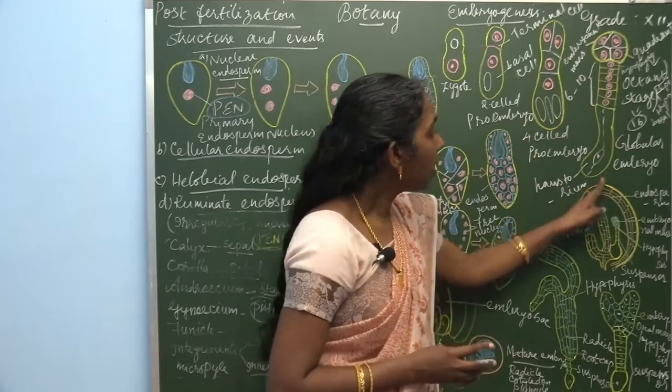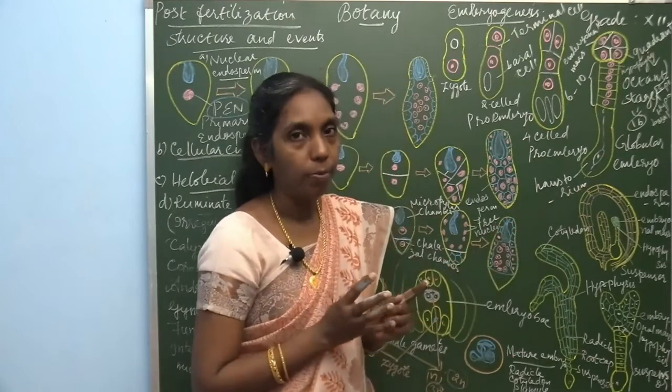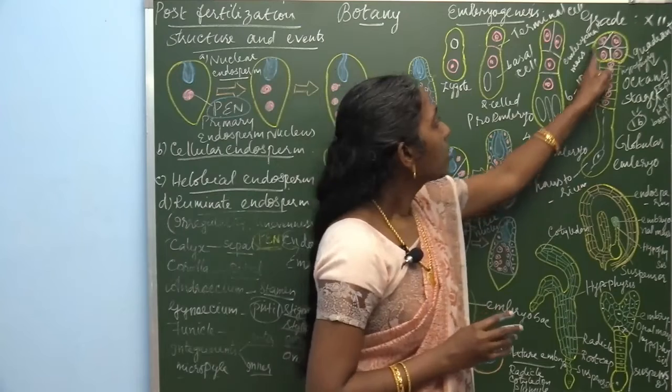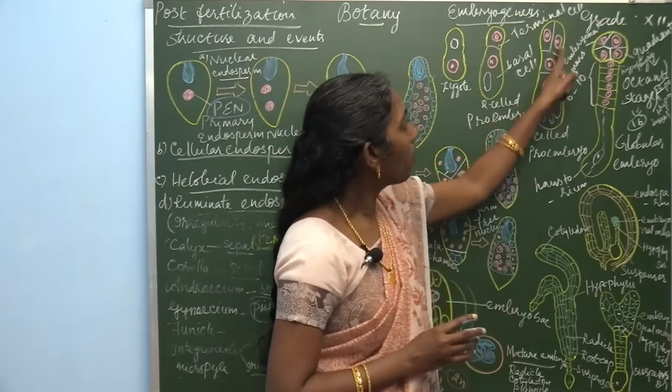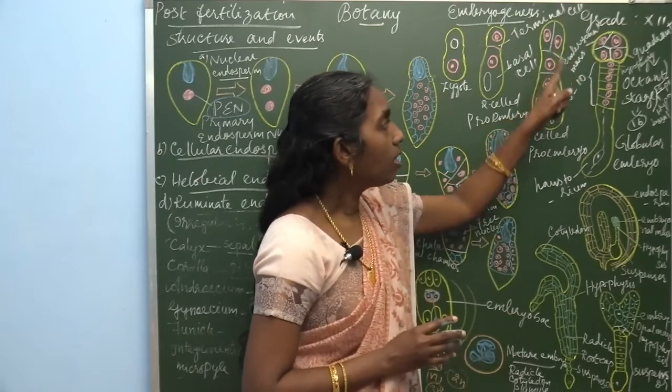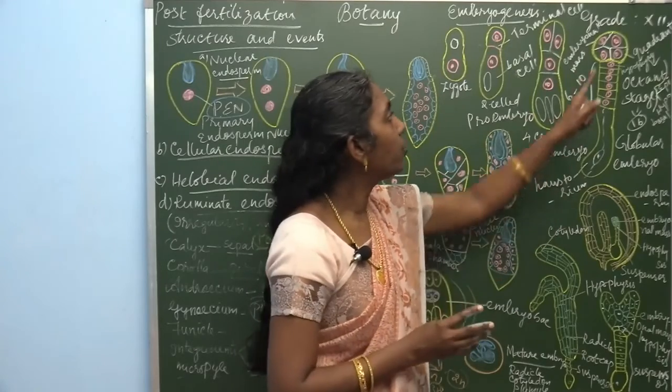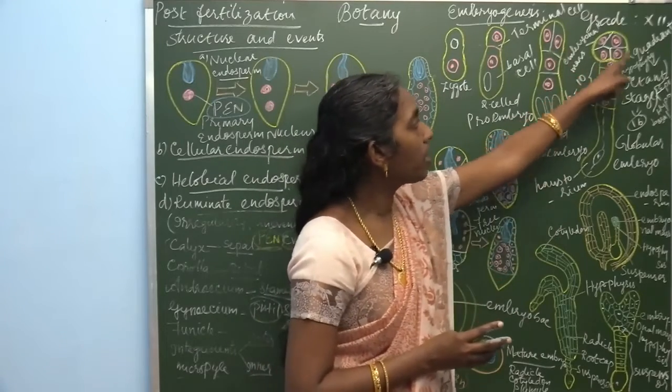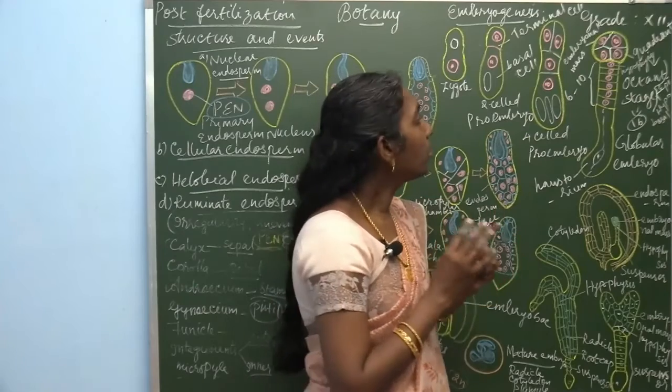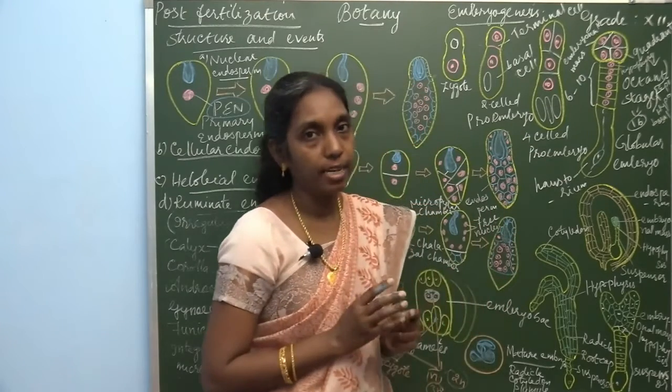So the terminal cell divides into four, and these two cells now become four cells. This stage is called the quadrant stage. The next stage is known as the globular embryo.